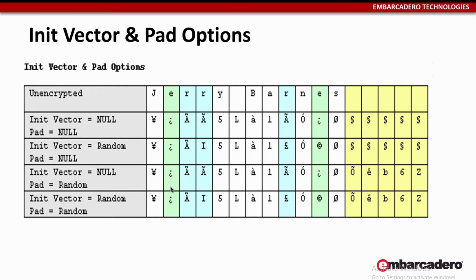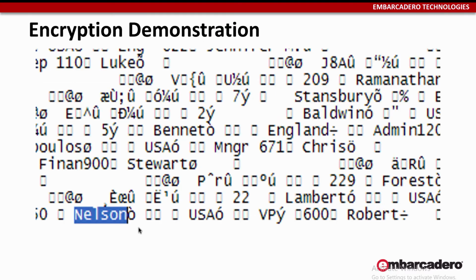Here we see all the R and E have the same encryption, but the padding is randomized. In the last case, we set both init vector and pad to be random. And this gives us the highest level of security. And it gives us the fewest clues about our data. So all of the R's and E's have unique encryptions, and all of the padding is uniquely encrypted also.